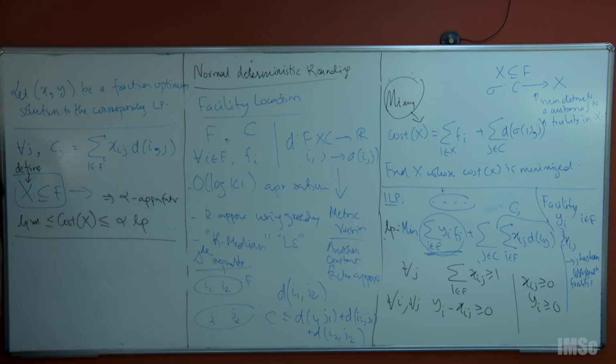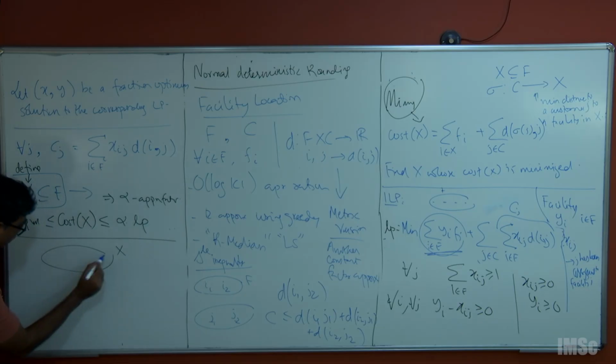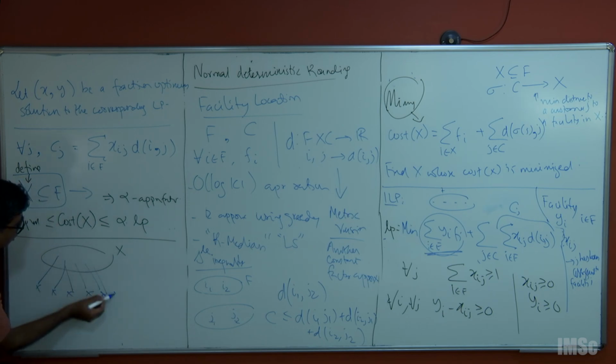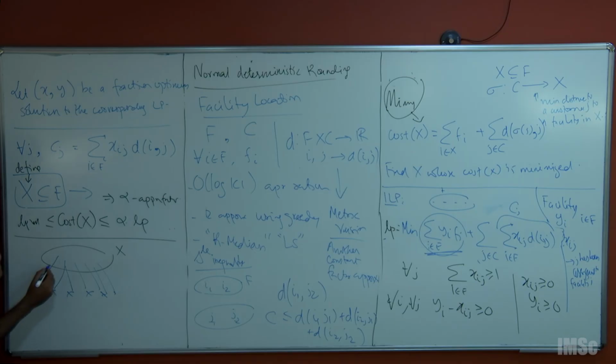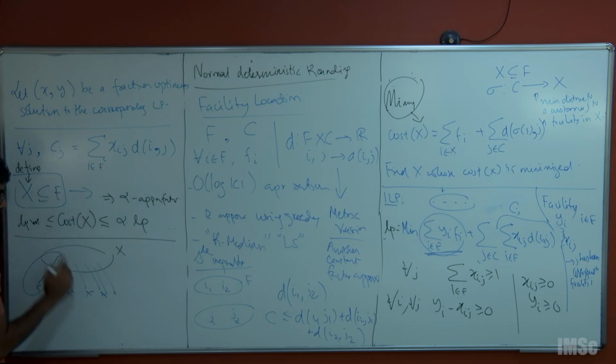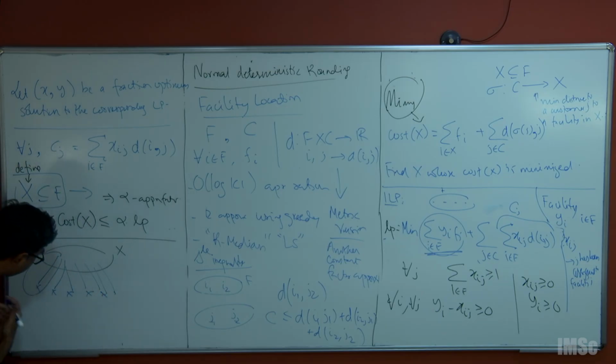Okay. So this is my hypothetical X that I do not know yet, which I want to construct. Suppose this is my facility that I have opened, and here are your customers, and they have been assigned to the closest one. I was paying C_j in the LP.